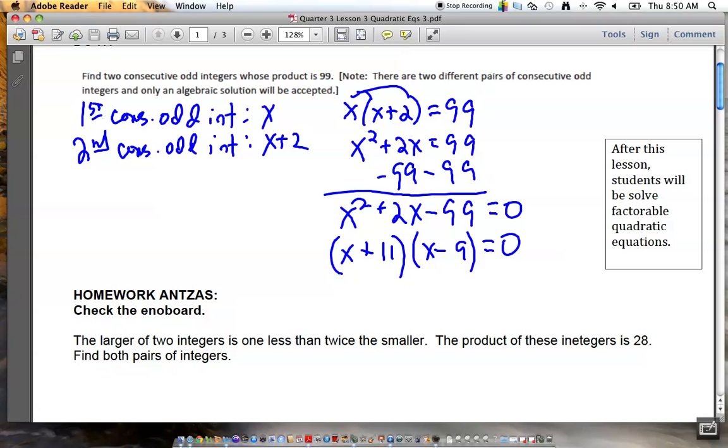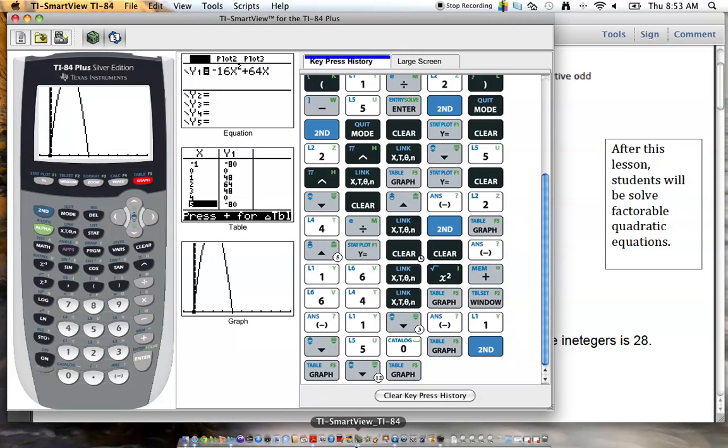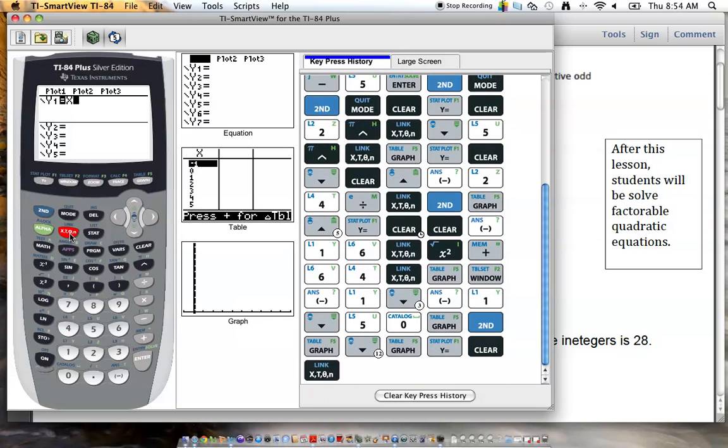There's another way to do this, in case you're having a hard time factoring it. If you ever have one of those moments, let's go back to the graph and go to y equals. I'm going to clear that out, and everybody type in x squared plus 2x minus 99.